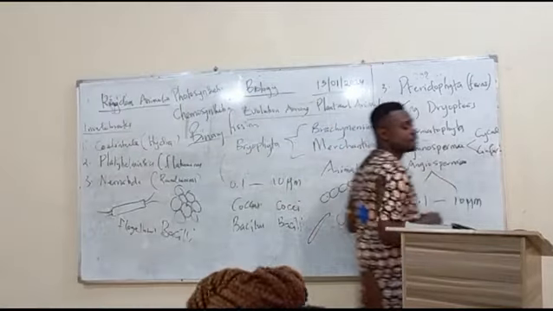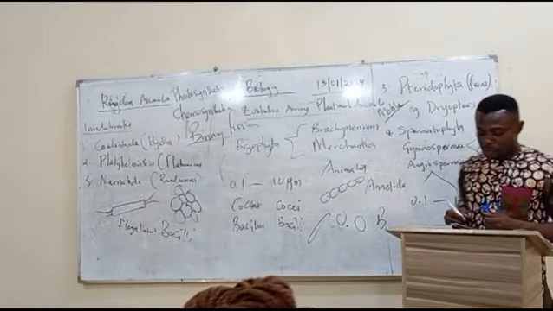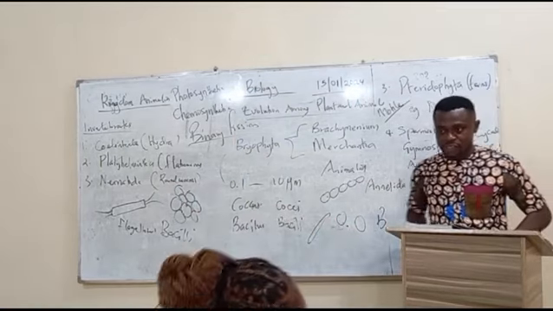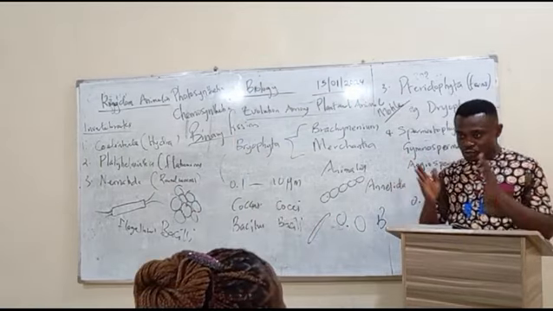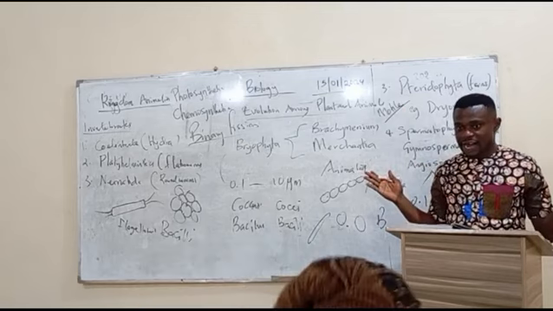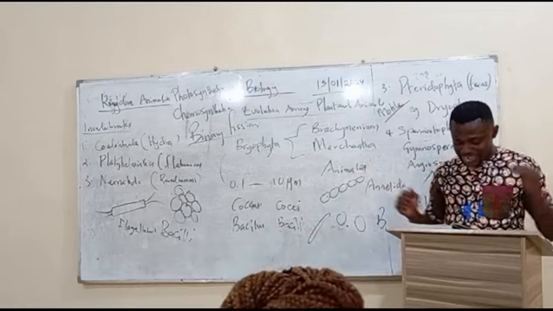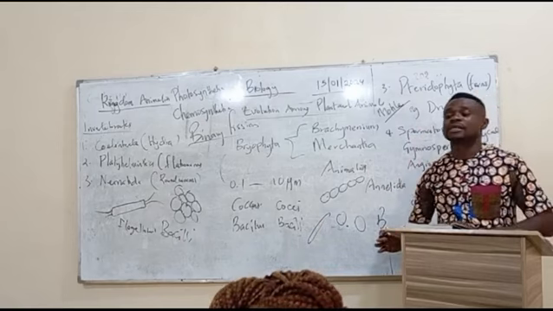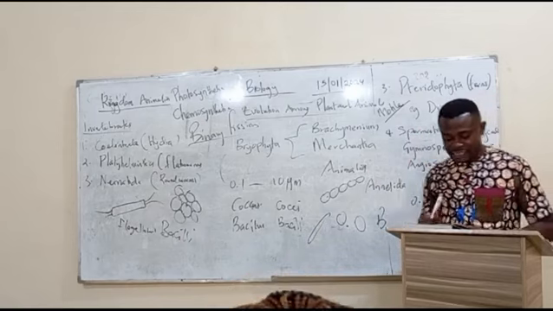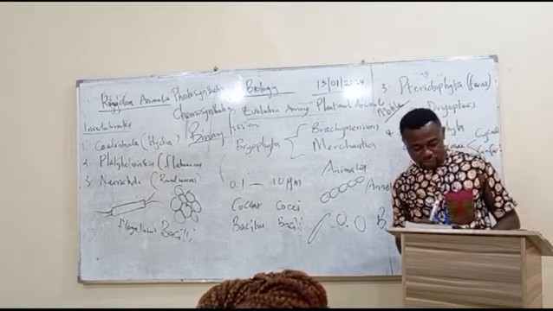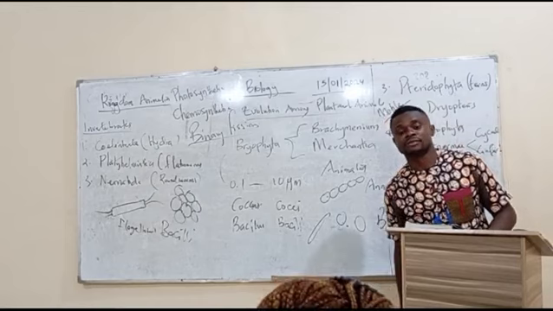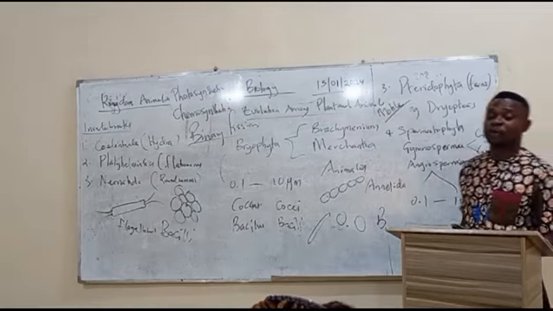Binary fission. Most of them reproduce by binary fission. And what is it all about? They divide into two daughter cells, and they are identical to the parent cell. So what type of reproduction is binary fission?